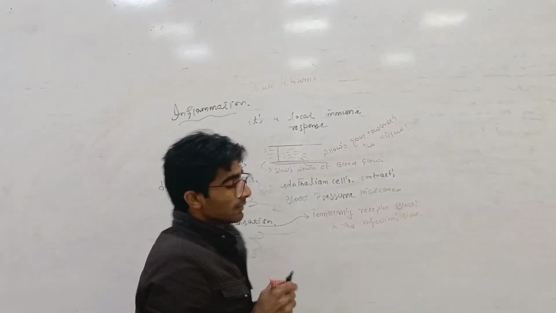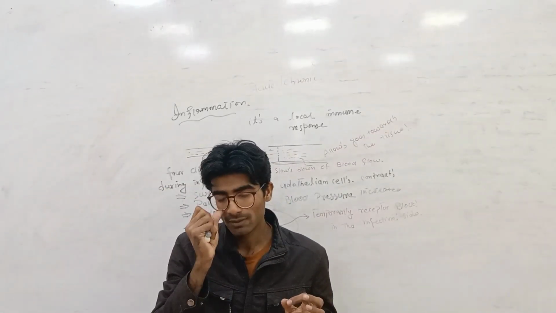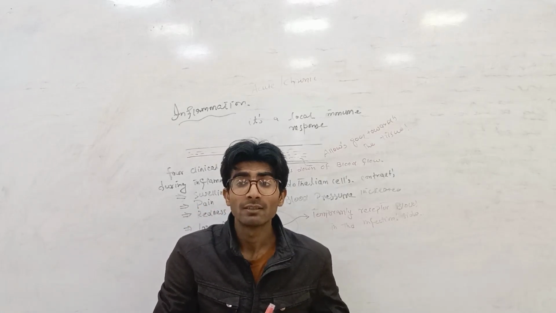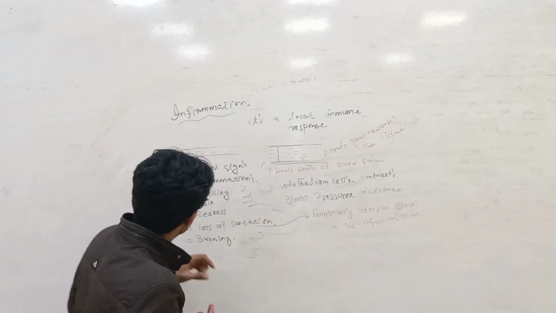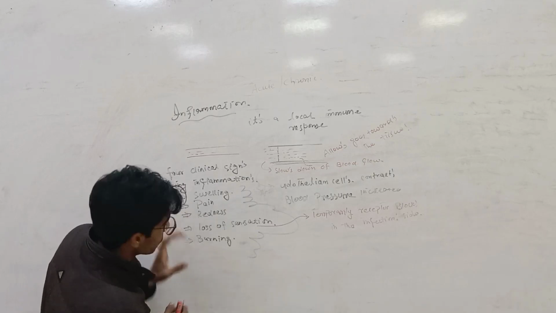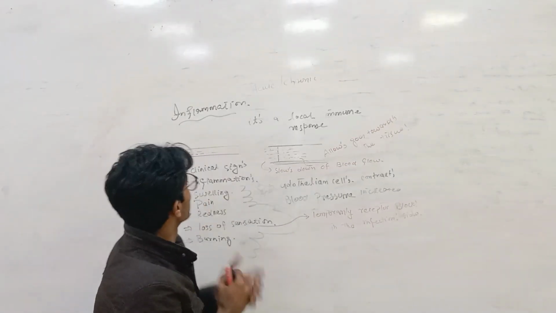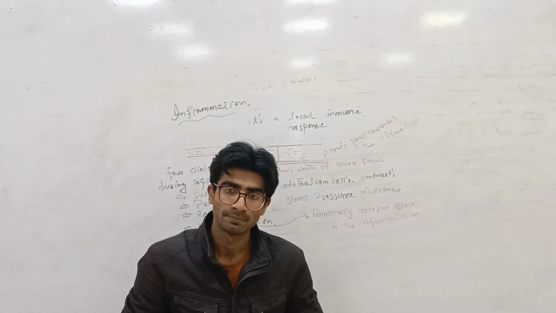Acute inflammation is a very short-term period in which the symptoms, the clinical signs, show within 1 minute or within 1 hour. That's acute inflammation. For example, asthma.